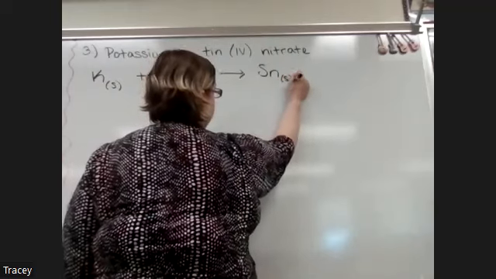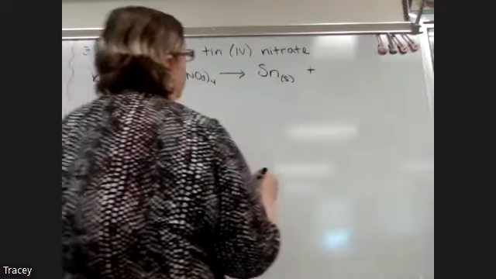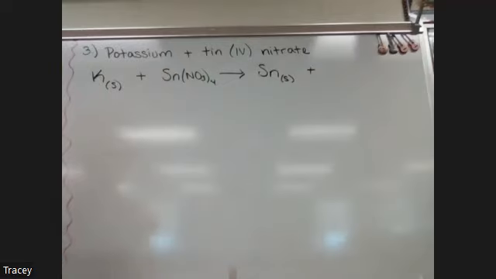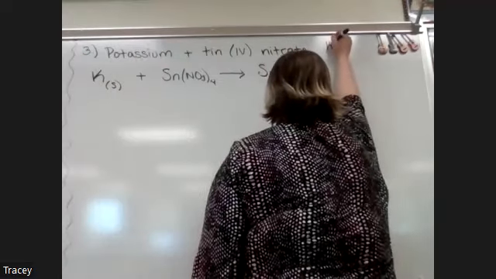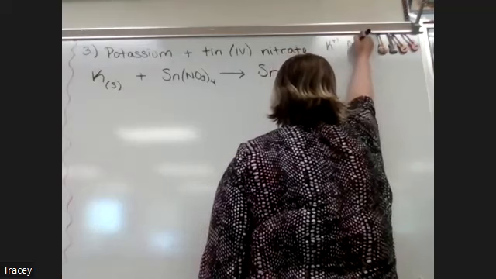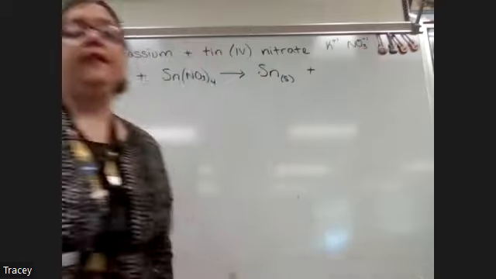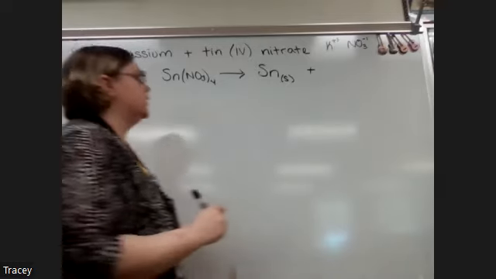And it's a solid. Now off to the side, we need to work out our charges for potassium nitrate because the K is going to be with the NO3. Now K is +1, NO3 is a -1. So it's not going to be K(NO3)4, it's going to be KNO3.